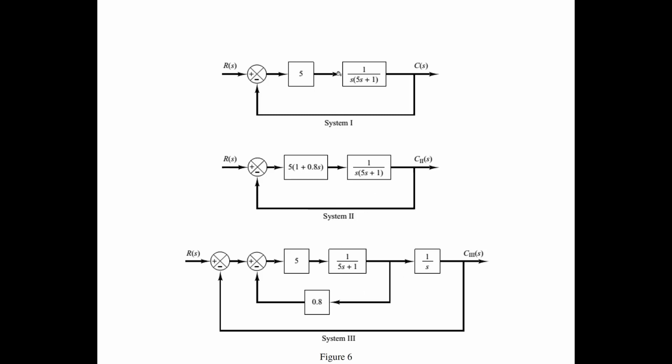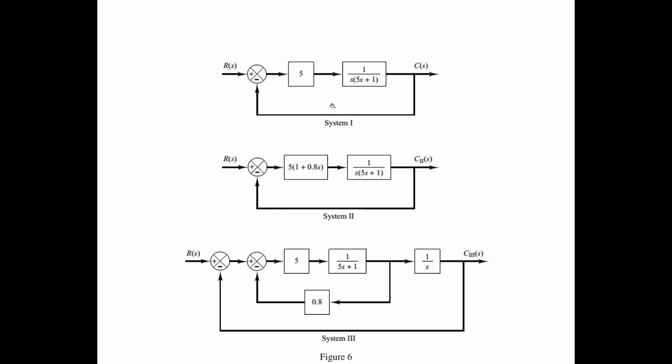Just find out the closed loop transfer function of this. For example, in this system, G of s is equal to 5 by s into 5s plus 1. So use G of s by 1 plus G of s H of s to find out the closed loop transfer function, that is C of s by R of s.